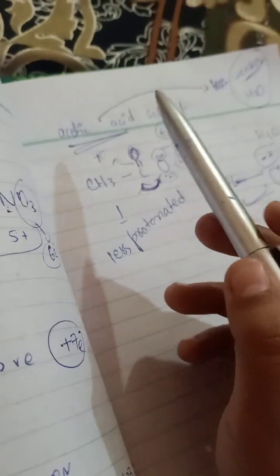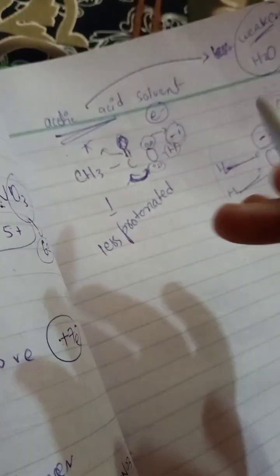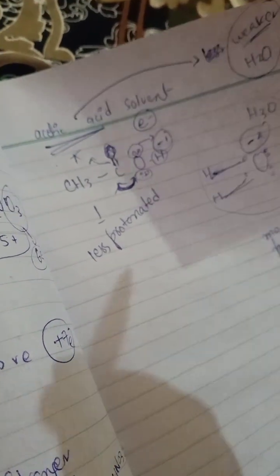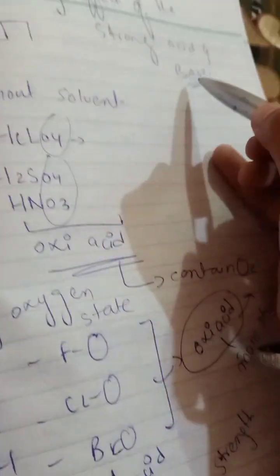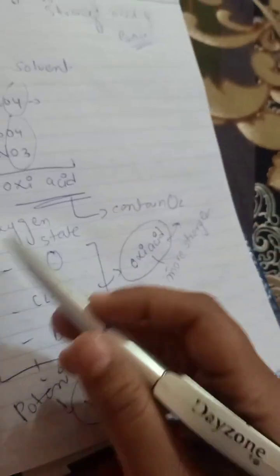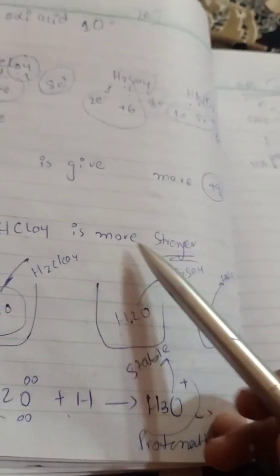We have to learn that acetic acid is much weaker than water. So this was about the leveling effect. We have discussed the acids with the help of the oxygen state, and here we discussed this with the solvent, and the earlier part was without solvent.